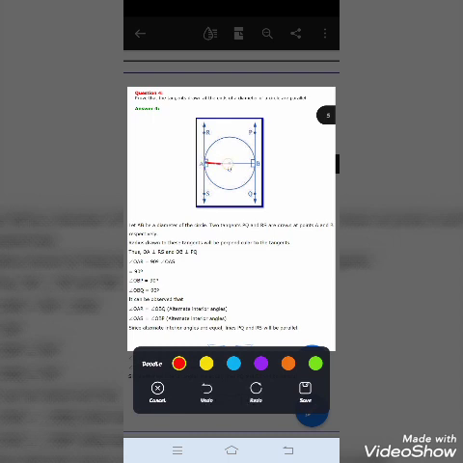You can see very well they are perpendicular. So OA is perpendicular to RS, and OB is perpendicular to PQ.